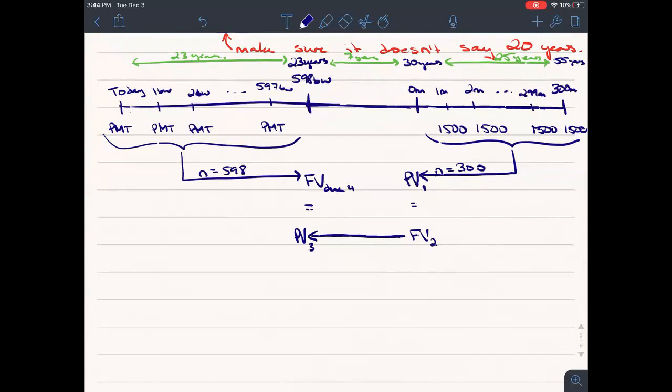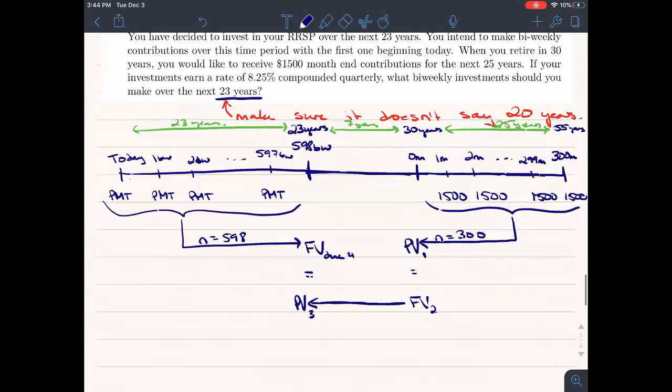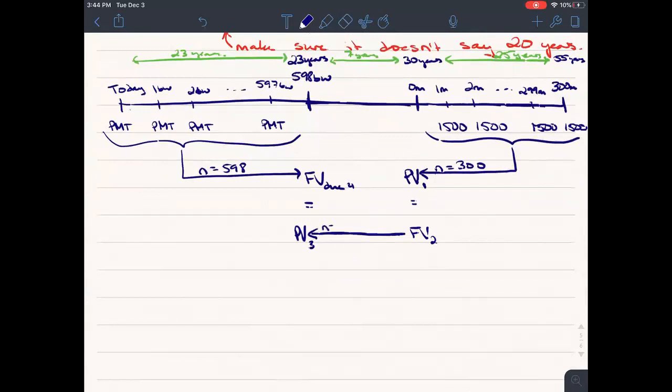For this little section, my N is going to be just the number of compoundings. 8.25% compounded quarterly. So N is time times the frequency. In this case, it's 7 times 4, which I hope is 28, but I don't know. Yeah, it is.